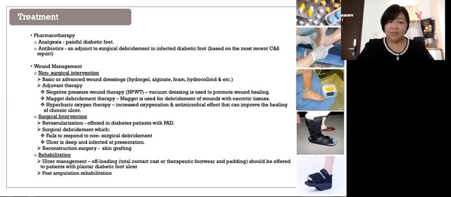Of course, for those patients who happen to have an amputation, we need to refer the patient to physiotherapy for post-amputation rehabilitation. For those who have an active ulcer, we can suggest offloading footwear like this one, total contact cast, or this padding. This is therapeutic footwear, and taping is offloading padding.